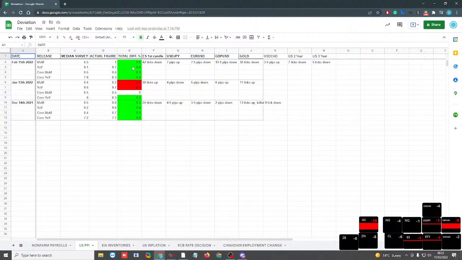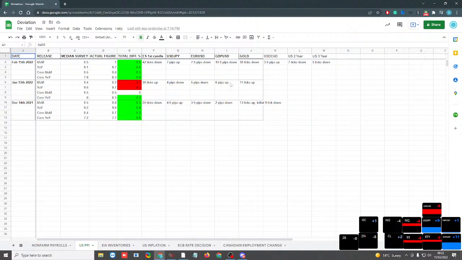if we had seen a stronger PPI figure. So that was February 15th. And again, January 14th, when the producer price index wasn't as strong as expected, or was worse, we had seen more of a positive reaction from the markets there. So we had seen about a 4 pip move towards the downside on the dollar yen.